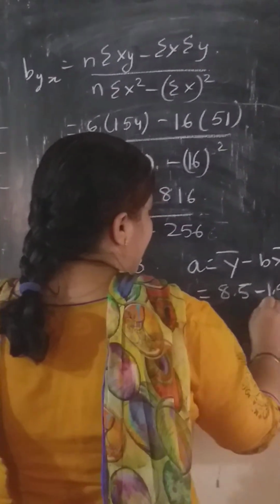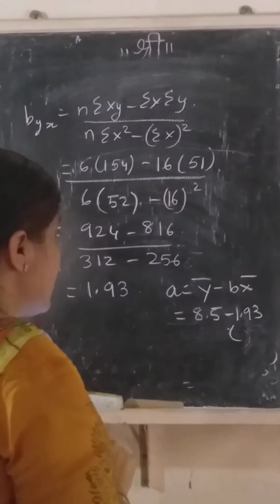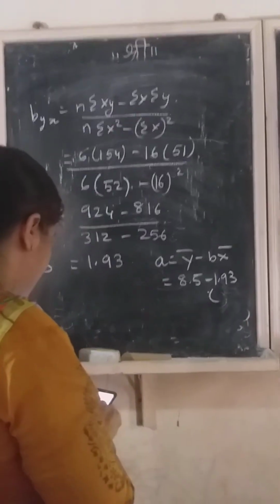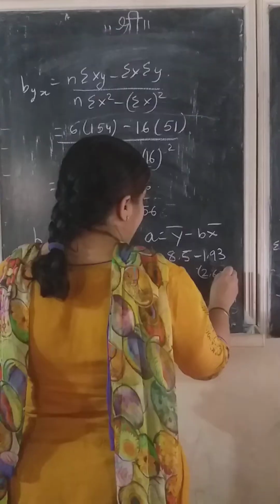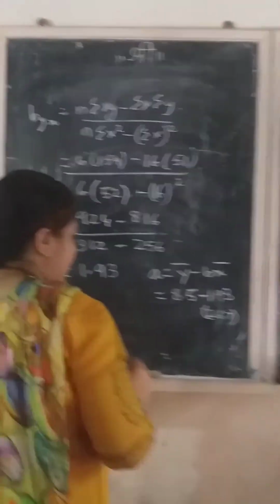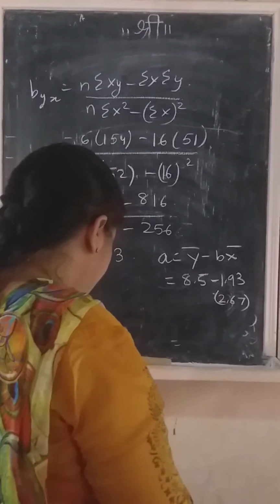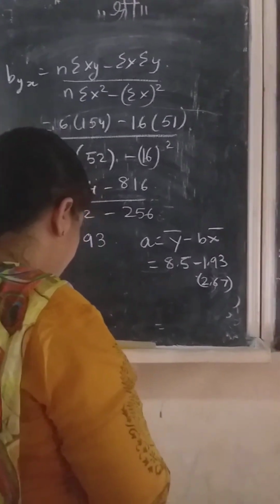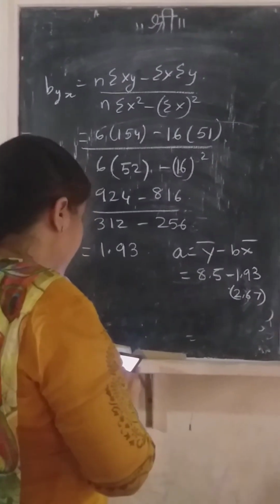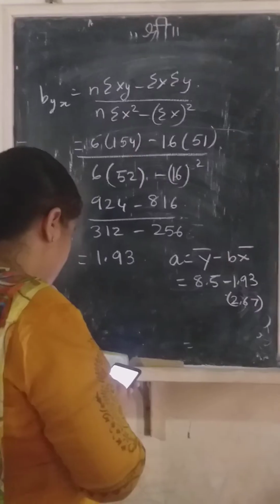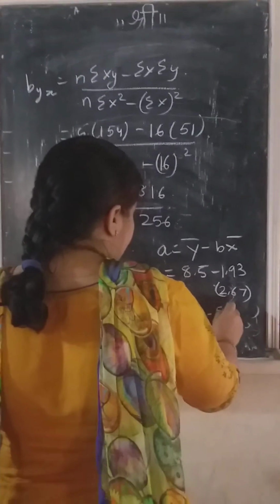So 8.5 minus b, which is 1.93, into x bar. So x bar is 16 divided by 6, that is 2.67. So when I multiply 2.67 into 1.93, I get 5.15.